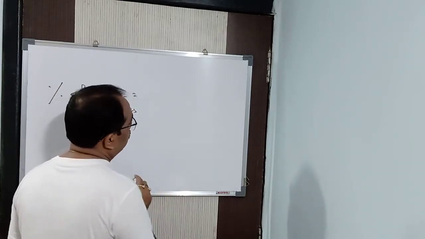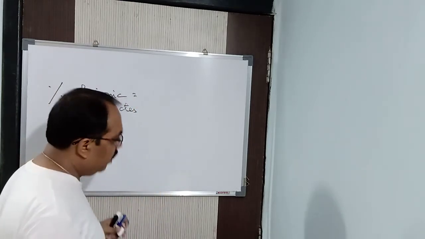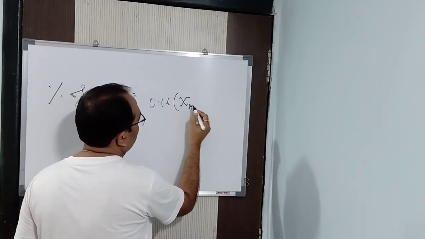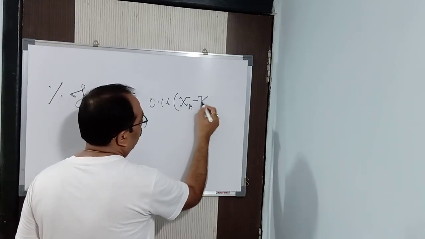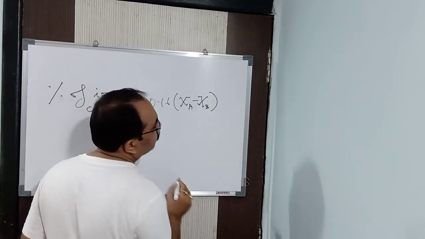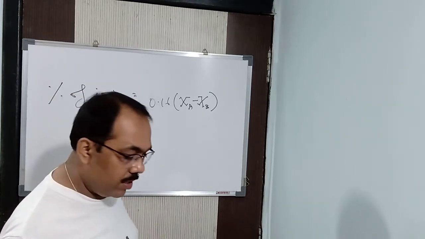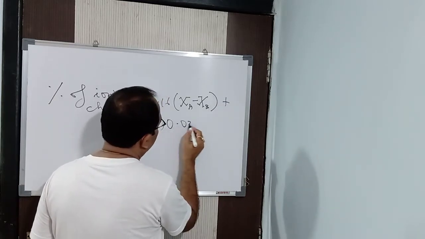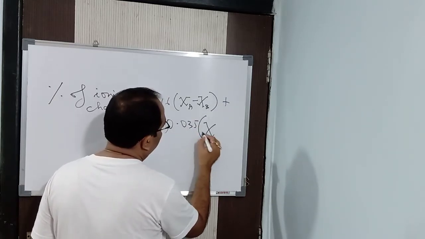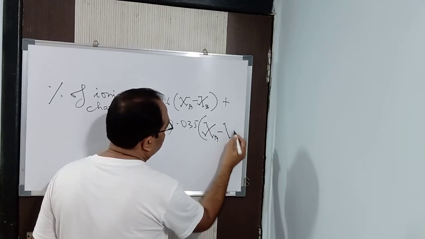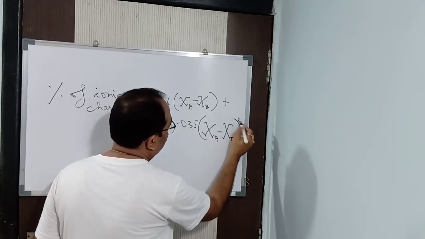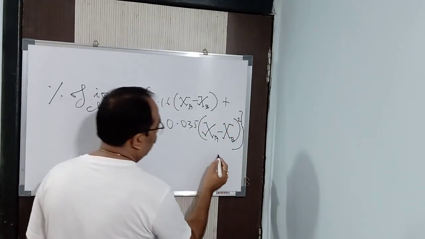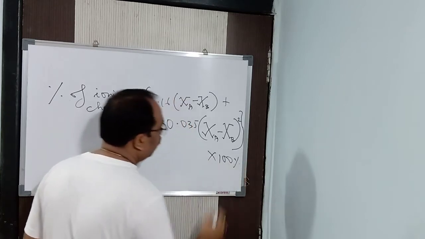It is nothing but 0.16 into chi A minus chi B, chi being the electronegativity symbol, plus 0.035 into (chi A minus chi B) whole square, whole into 100%, because I need to convert into percent.